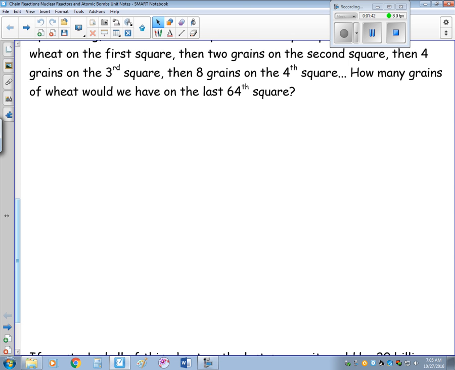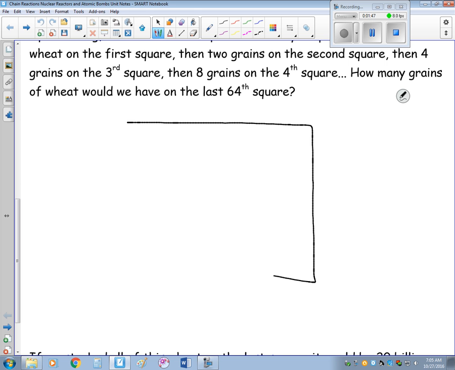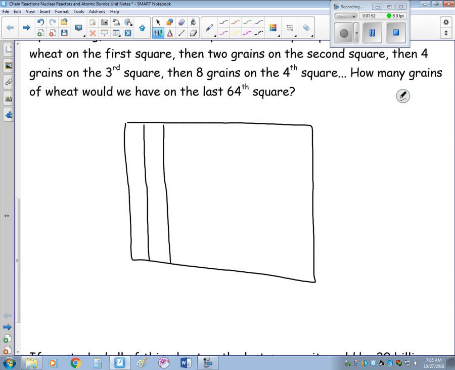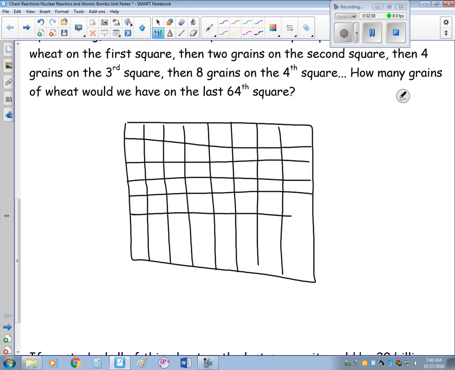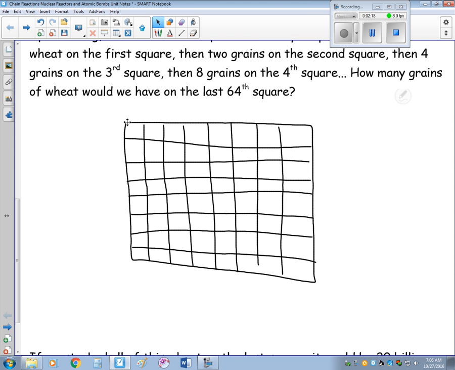So let's get a picture of this. Let's get a grid here. Alright, so we have our 8 by 8.